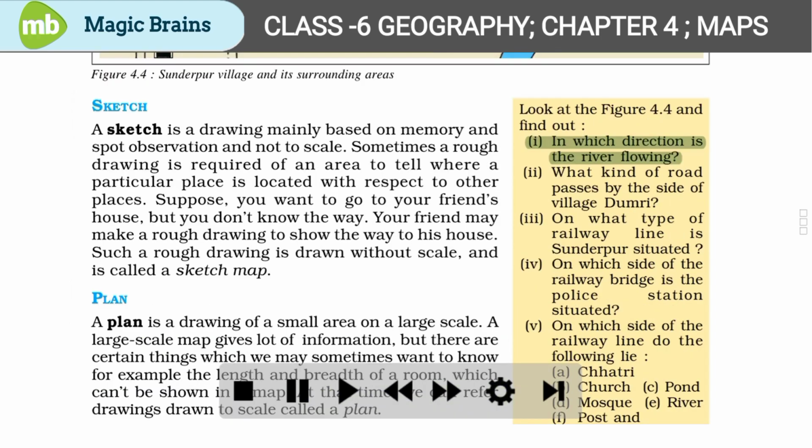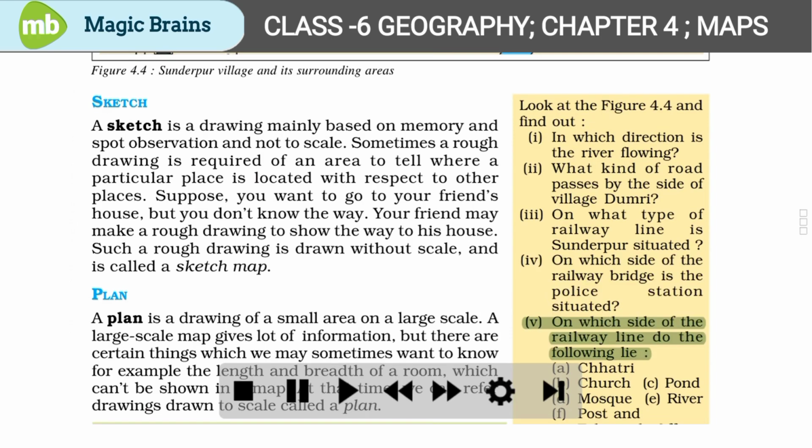Look at the figure 4.4 and find out: 1. In which direction is the river flowing? 2. What kind of road passes by the site of village Dumri? 3. On what type of railway line is Sundarpur situated? 4. On which side of the railway bridge is the police station situated? 5.